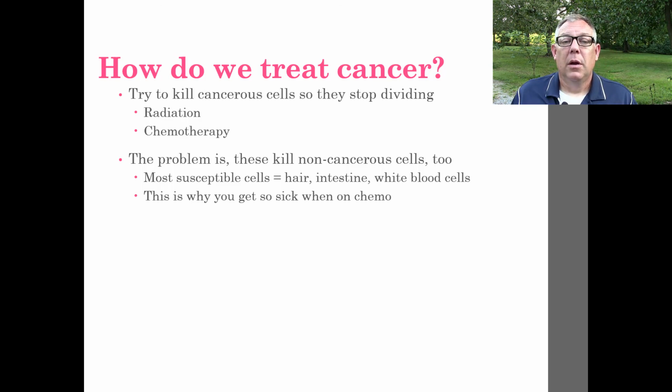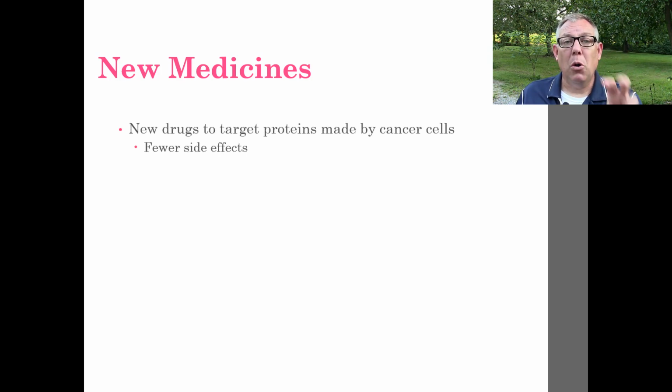Now, the good news is that, by studying and using the scientific method, we're learning so much about cancers, and we're able to develop new medicines that don't have all the harmful side effects. And so there's new drugs that are out there now that target the proteins made by the cancer cells.